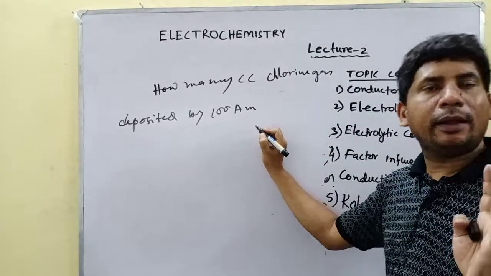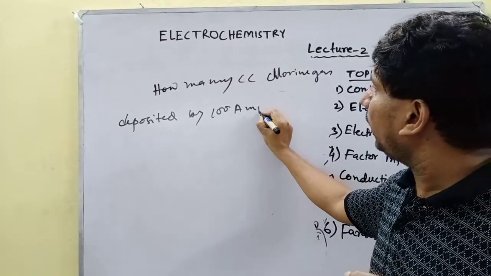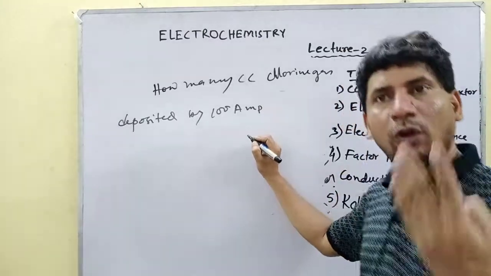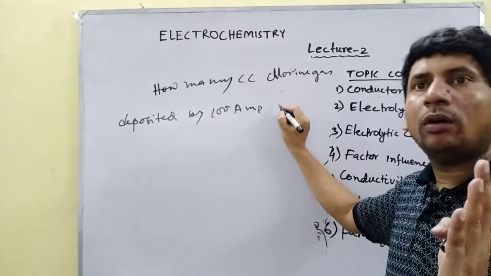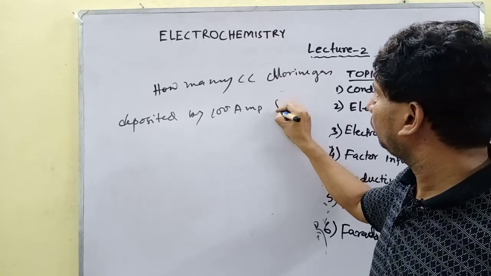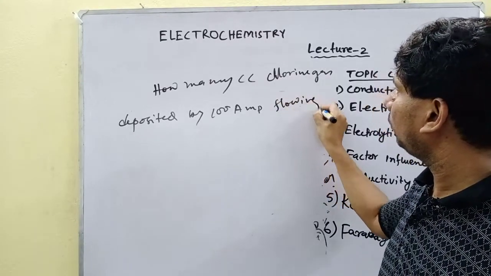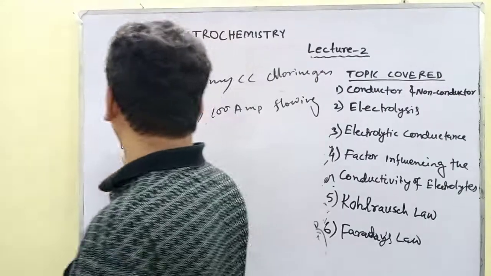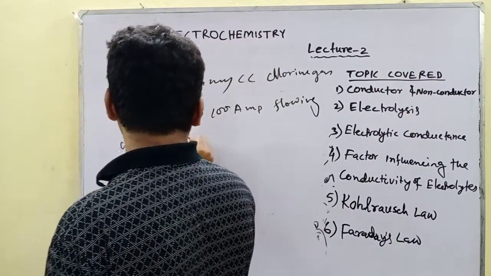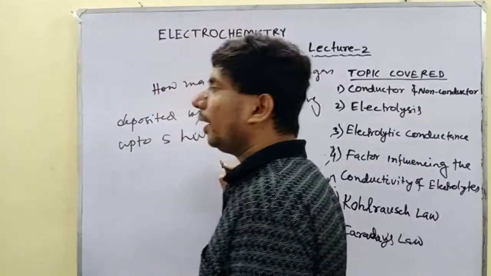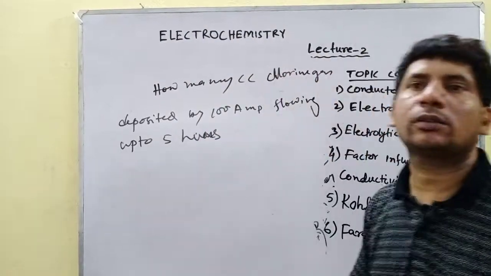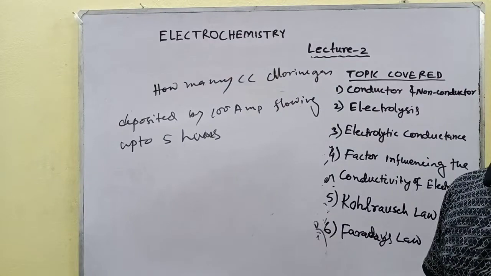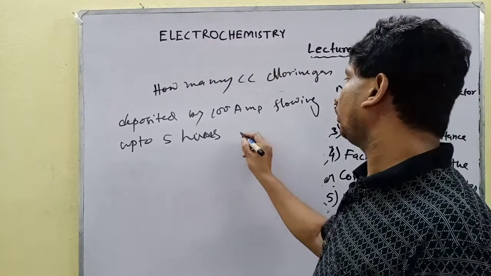Okay, 100 ampere current flows for up to 5 hours through NaCl solution.